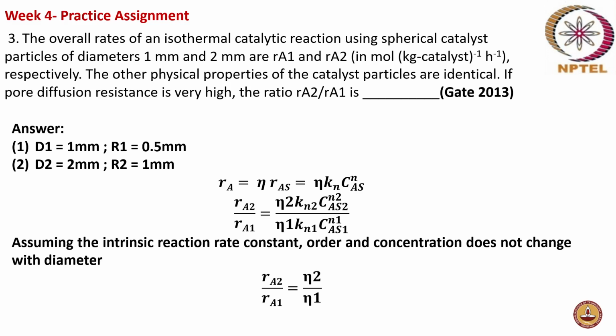What you will end up with is that the ratio of the reaction rates is equal to eta 2 by eta 1. We are assuming that in both cases the surface concentration is the same, the order of the reaction is the same, and the reaction rate constant is also the same. That's why you end up with Ra2 by Ra1 equal to eta 2 by eta 1.